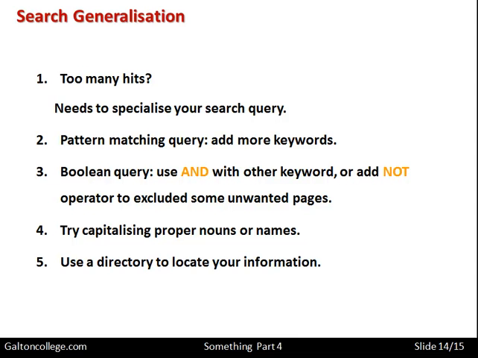And we could use directories to locate the information. We could try to go to specialist sites and try and find the information from the specialist sites. I keep mentioning Yahoo as a good example of this, but it is a good example. We go to Yahoo and type in our query there and see if they can bring back something more specific. So we've got too many hits, we need to reduce it so as to help us find the information efficiently.